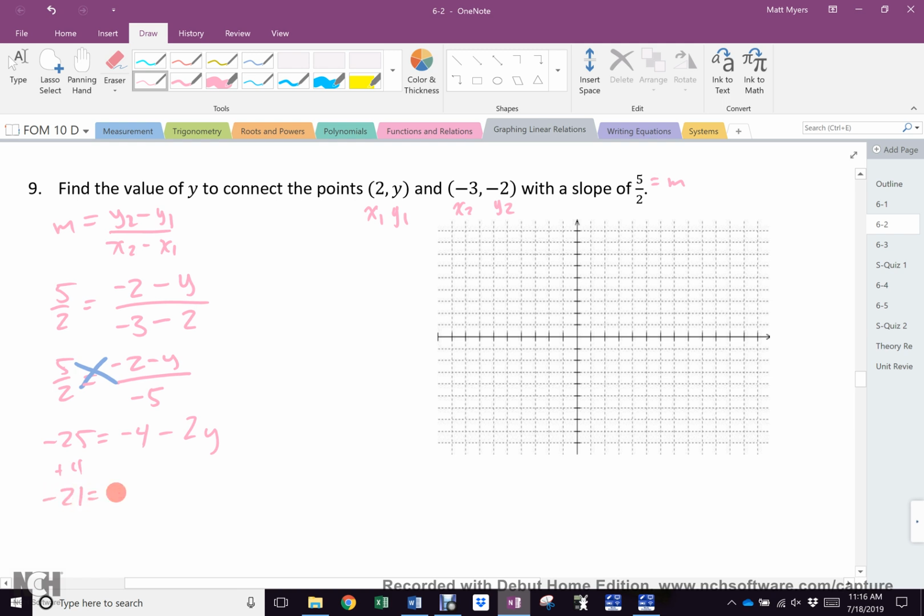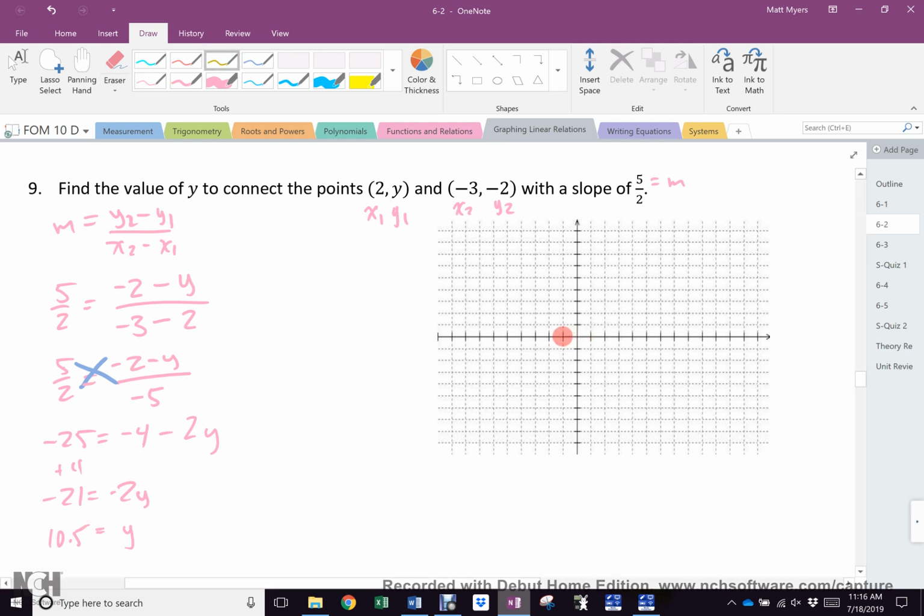Negative 21 equals negative 2y. What does y equal? Not negative. It's 2 negatives. y equals 10.5, yes? Because half of 21. I divide 21 by 2. Right? Yeah. All right, now let's do that graphically.